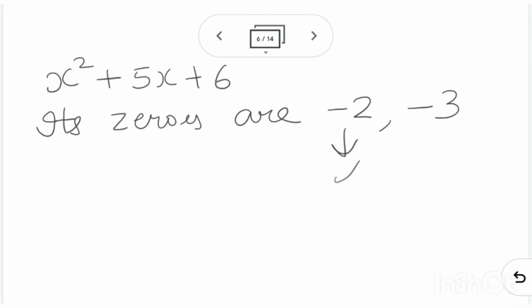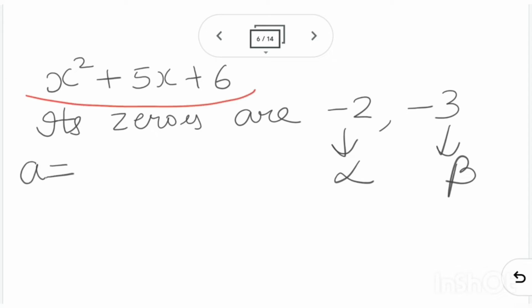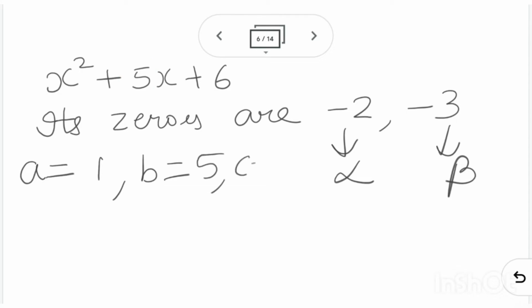We can name them alpha and beta. Nothing is written with x square, so the coefficient a is 1, b, the coefficient of x, is 5, and c, the constant term, is 6.